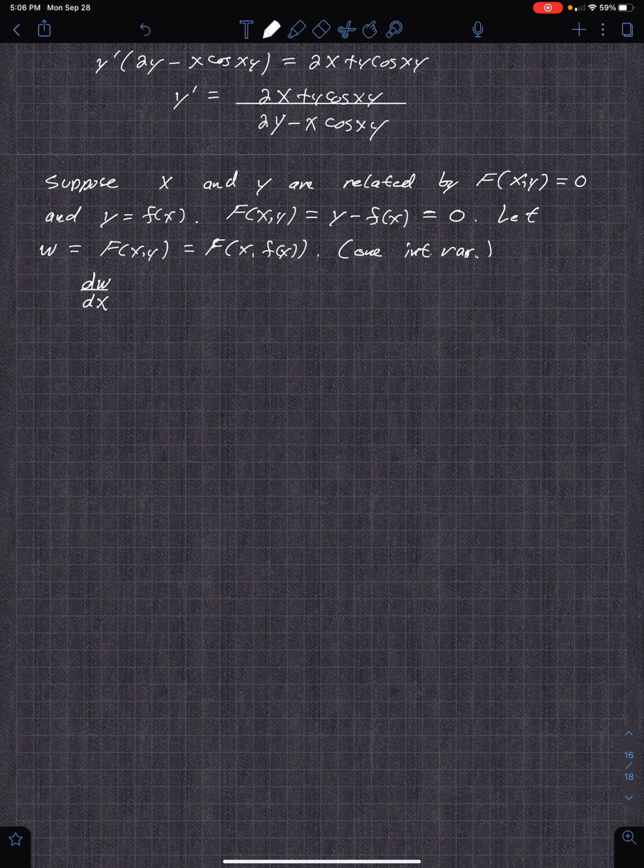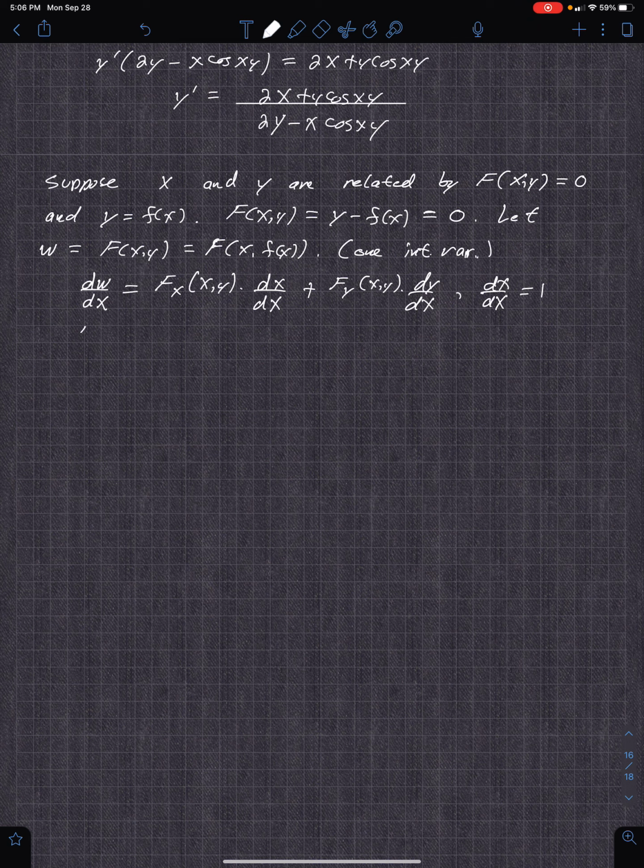So dw dx is equal to, and I'm going to change up notation for simplicity, the partial F_x of x, y times dx dx, which is just 1, plus partial F_y of x, y, we're hitting the next variable, times dy dx.